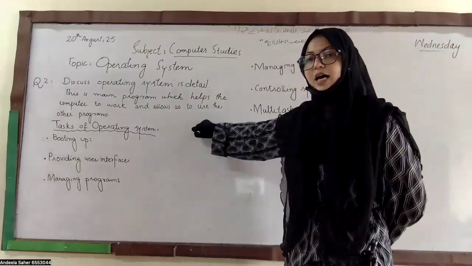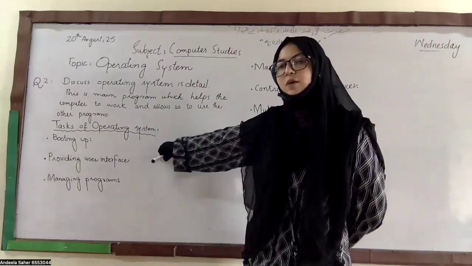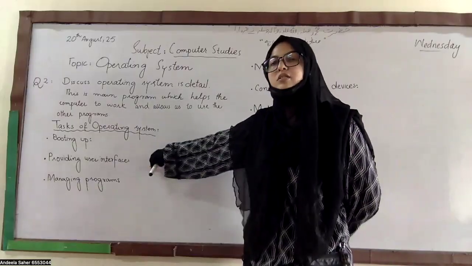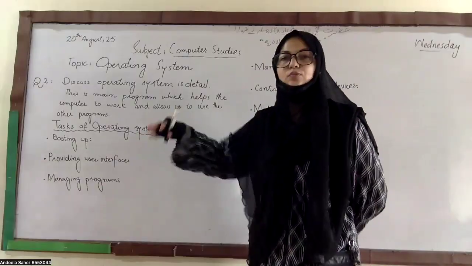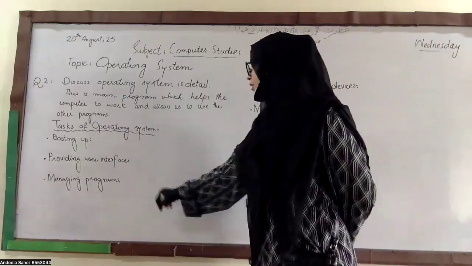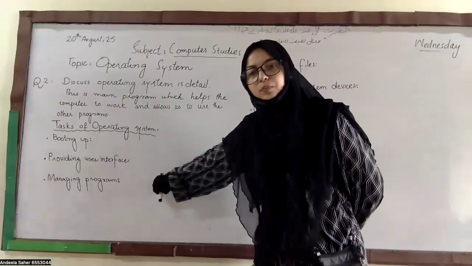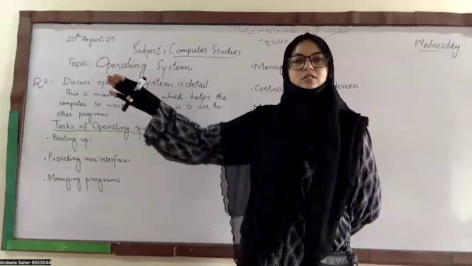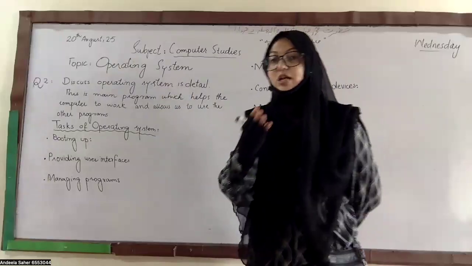The main tasks of the operating system: first one is booting up, to load any app. Providing a user interface, a platform so that we can use that application. Managing programs, all the programs, either system or application programs, the apps in short form.